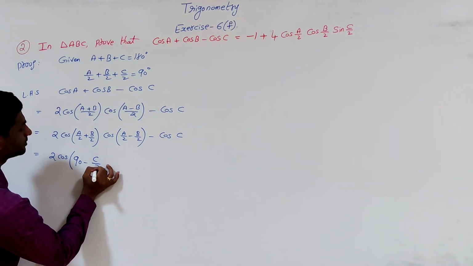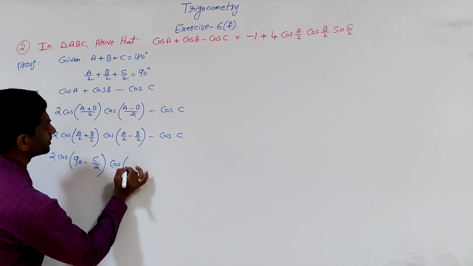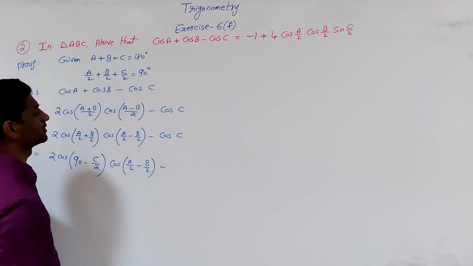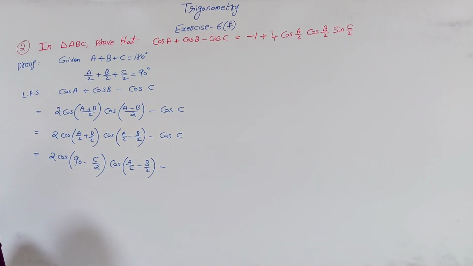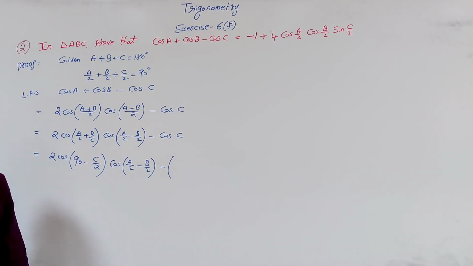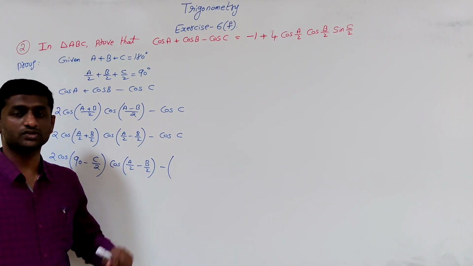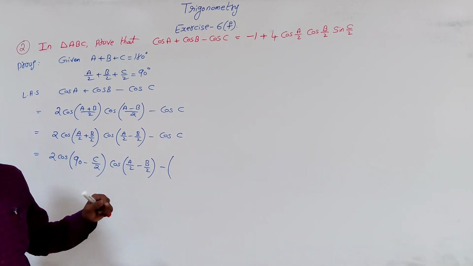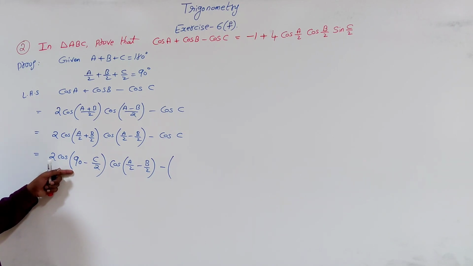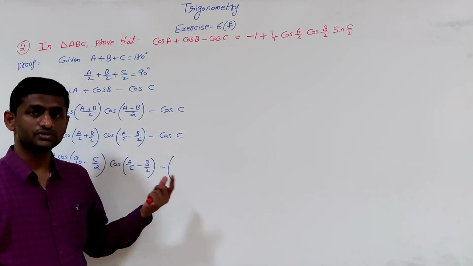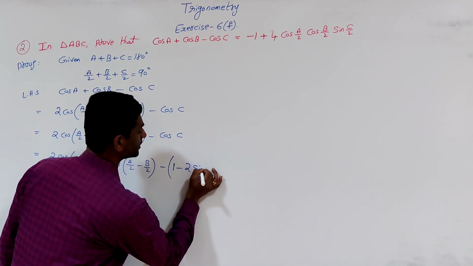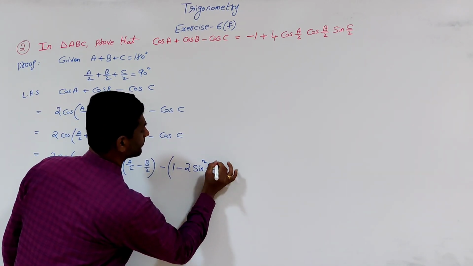So 2 cos(90 minus C by 2) cos(A by 2 minus B by 2) minus, and what is cos C? Cos C can be written as 1 minus 2 sin square C by 2, or 2 cos square C by 2 minus 1, or cos square C by 2 minus sin square C by 2. But here we will be getting sin C by 2, so cos C in terms of sin C by 2 can be written as 1 minus 2 sin square C by 2. That will be cos C.